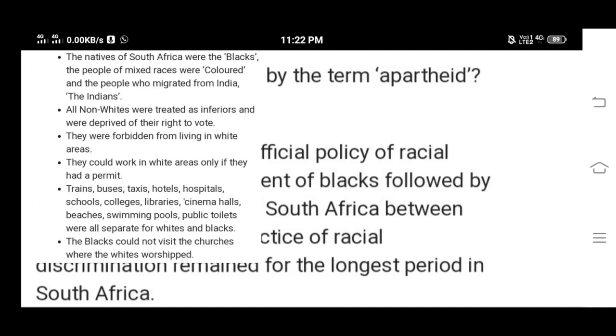This was the apartheid system. And the man who raised the voice against this apartheid system was Nelson Mandela, and also the African National Congress, which was known as an umbrella organization that led the struggle against the policies of segregation.